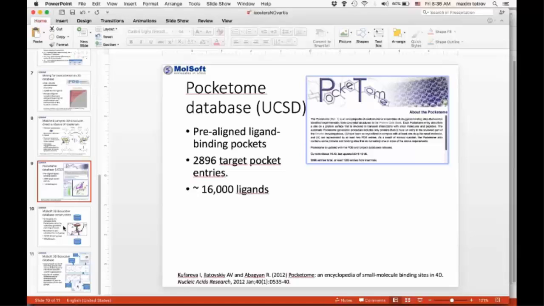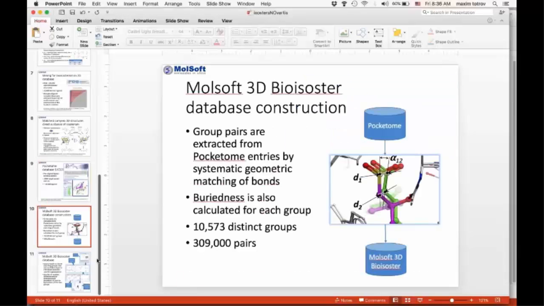So with the Pocketome in hand, we put together a script that goes through it and looks at each entry and identifies all the pairs of molecules, and more specifically pairs of bonds, that are close enough according to some angular and distance criteria, and then extracts the corresponding pairs of groups that are attached to the rest of the molecule by these matching bonds.